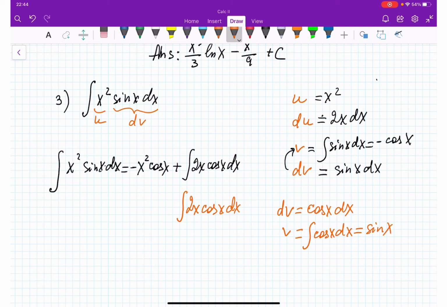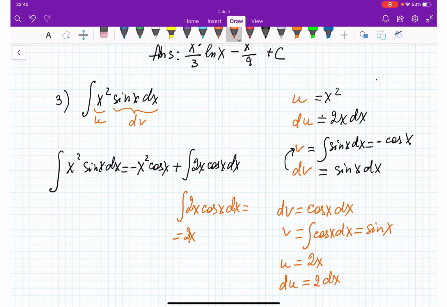All right, u is going to be equal my 2x, right? And du is going to be equal to 2 dx.